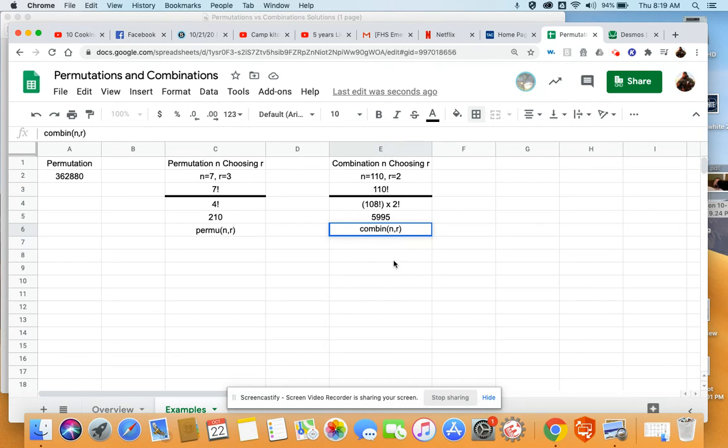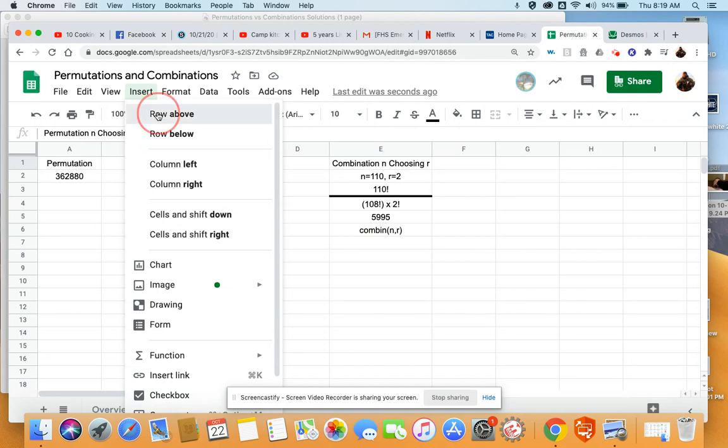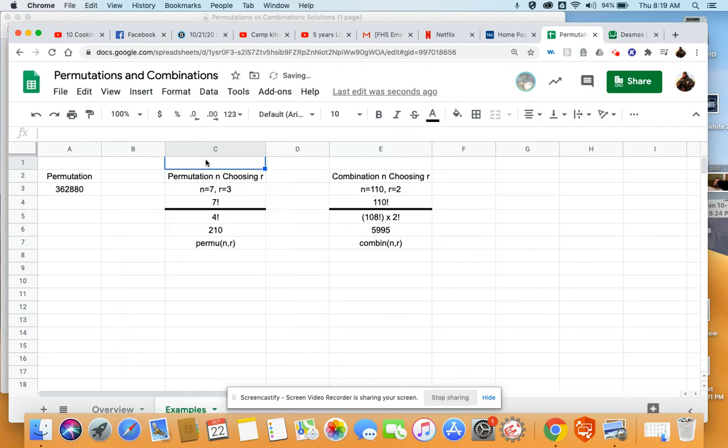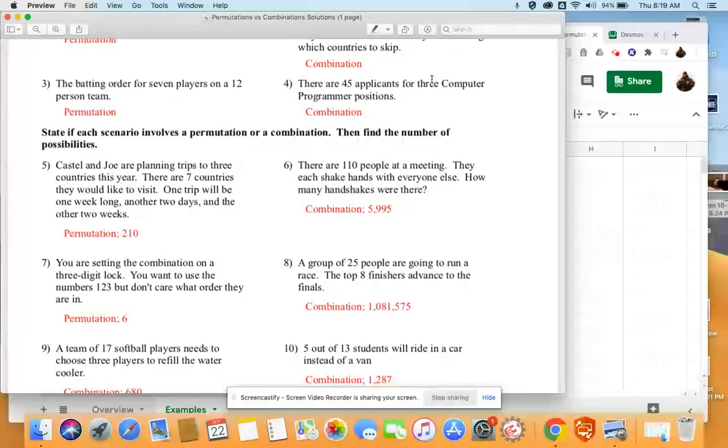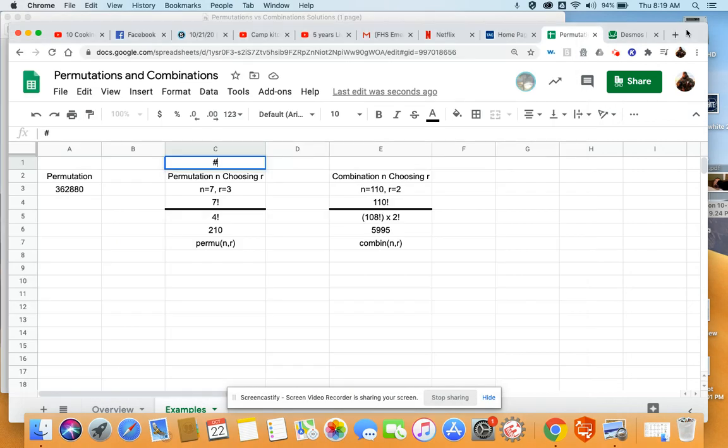Not too difficult to do these things in Google Sheets. All right. We'll go ahead and insert here. Insert a row above. Let's say this is number 5 and number 6 from the worksheet.